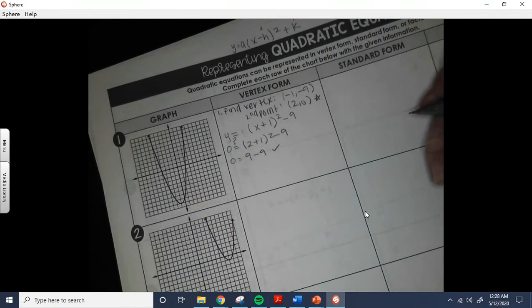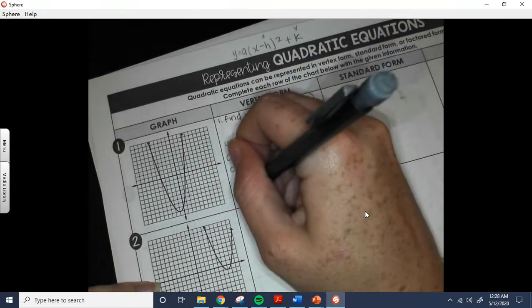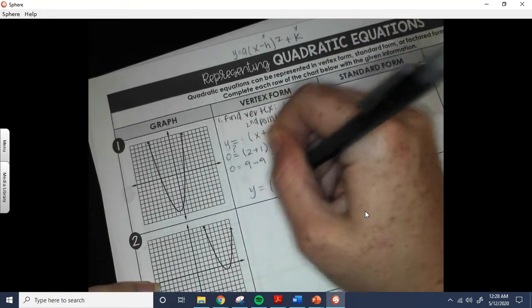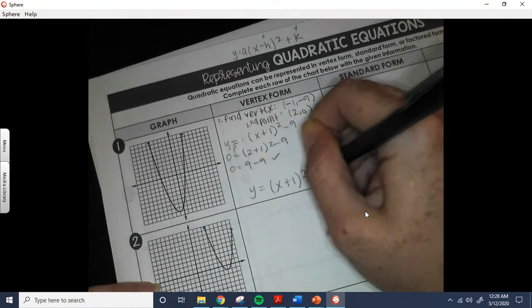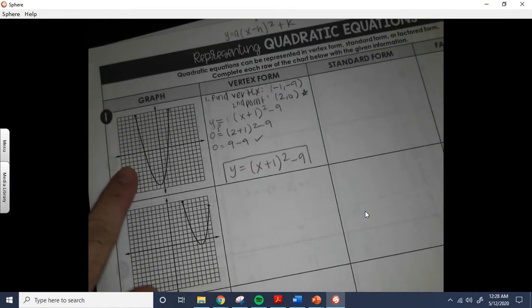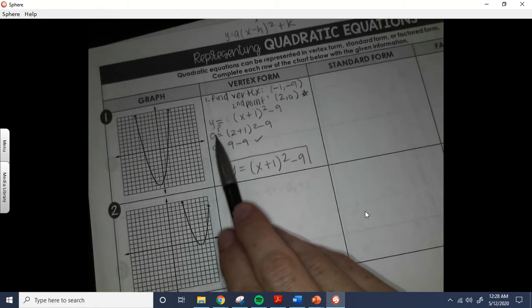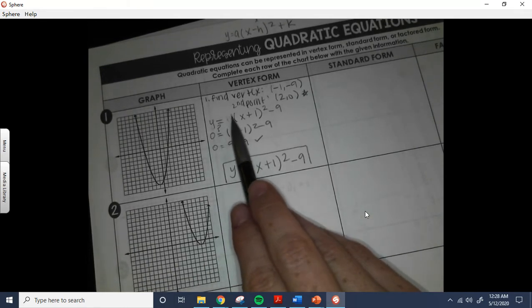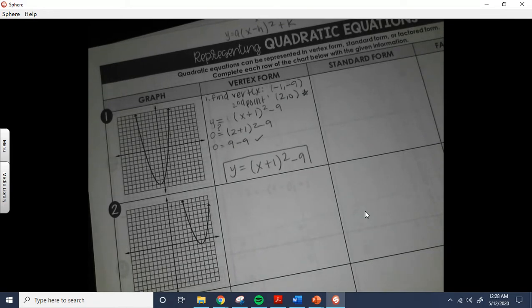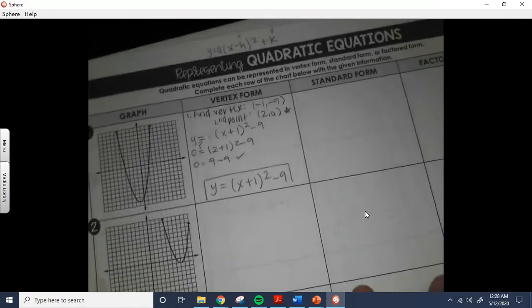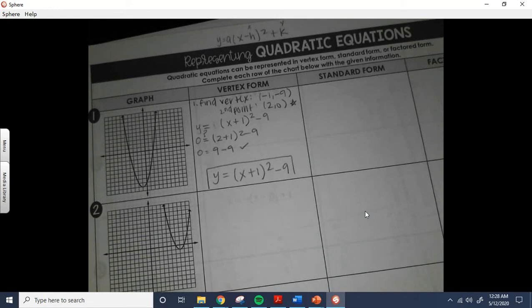So that means it's true. There's nothing else that needs to be added to this vertex form. So this is the vertex form of this graph. Now, if this was not true, we would have to plug in the point again to solve for what a is, like we did in last week's video, finding from graphing to vertex, vertex to graphing.